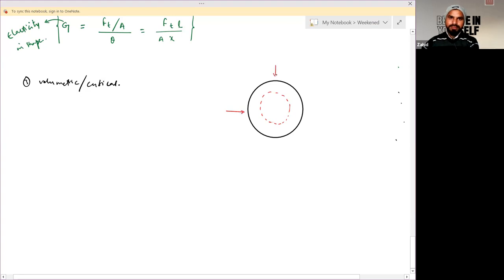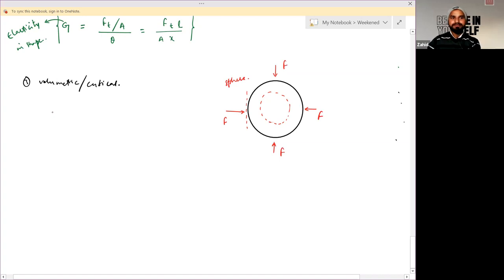So force from this direction, this direction, this direction, and this direction. Since this force will be perpendicular to the tangent at the point of contact, it will be perpendicular to area of cross section. So we may define this particular force by area as pressure to this particular object. Due to that pressure, there will be deformation along volume to this particular sphere. So I have taken a sphere on which force is applied from all of its sides to change its volume.